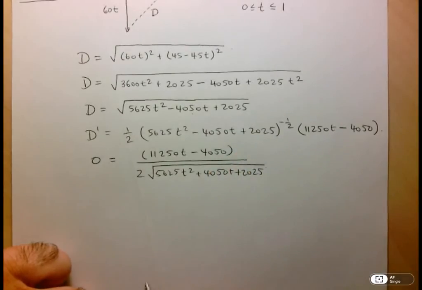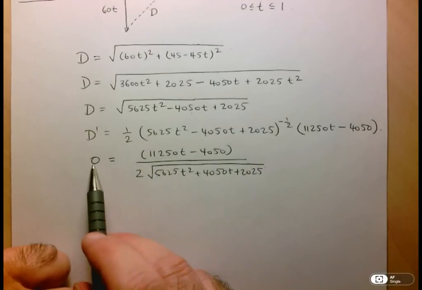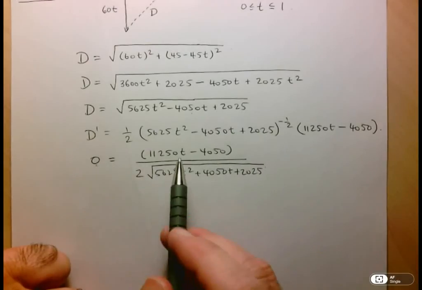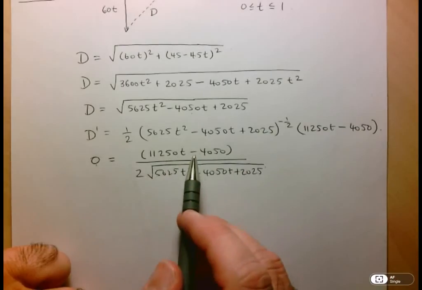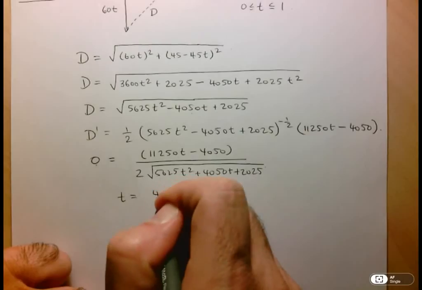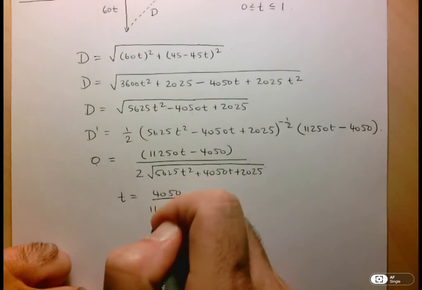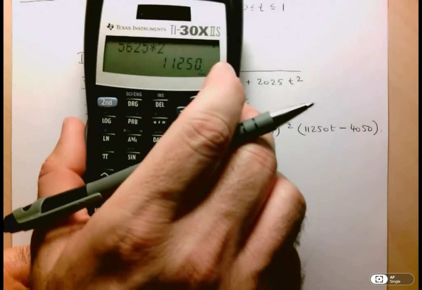This works out nicely because I've already got this as one fraction. So in order for this fraction to be 0, I just need the numerator to be equal to 0. So that means t is going to have to be equal to 4050 divided by 11250. So there's our critical point.